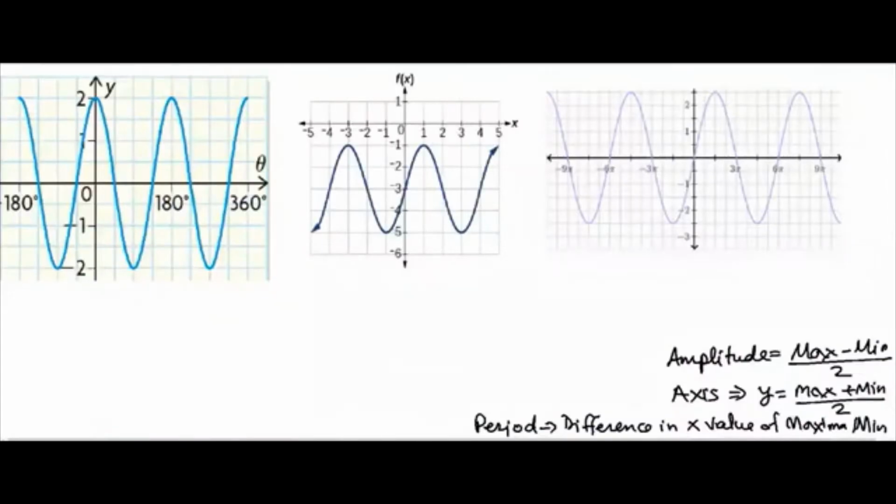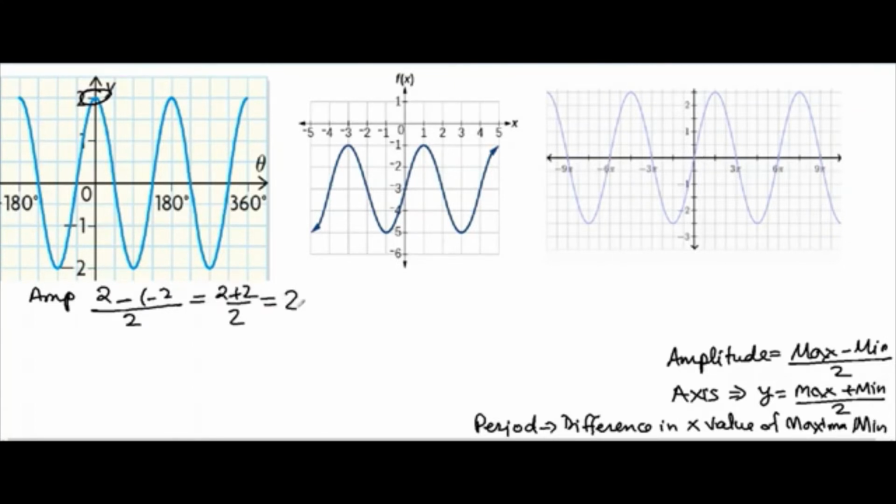Okay, let's have some practice now to find amplitude, axis and period of these 3 graphs, random graphs I took from different sources. So let's find the amplitude of this one, which is maximum minus minimum divided by 2. Maximum, I can see, is 2, minus minimum, minus 2, divided by 2, which is 2 plus 2, 4, divided by 2.